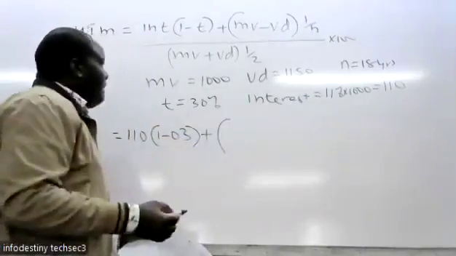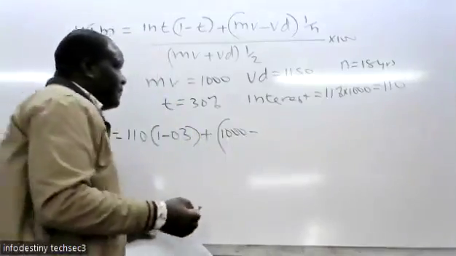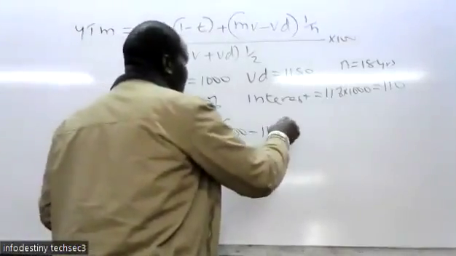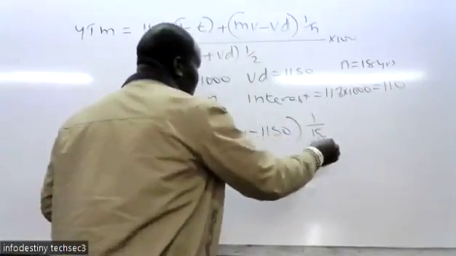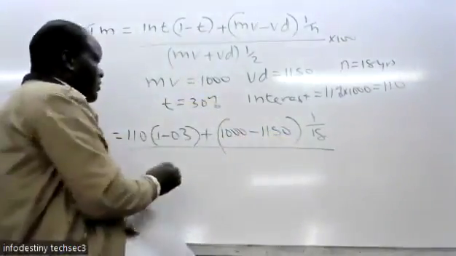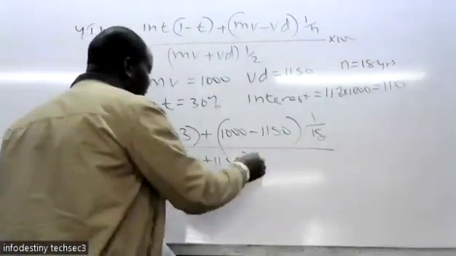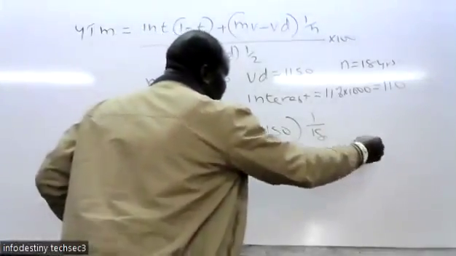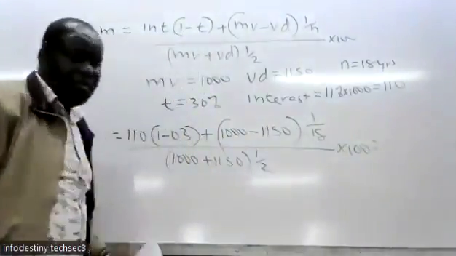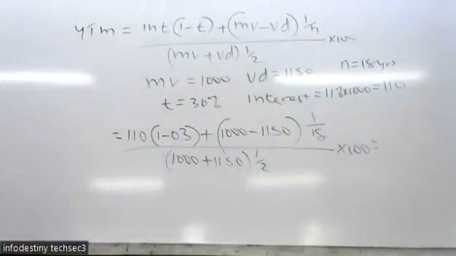Also maturity value will be 1,000 subtract 1150, times 1 over 18. Also divide by 1,000 plus 1150. This one multiplied by half. Then show it as a percentage.